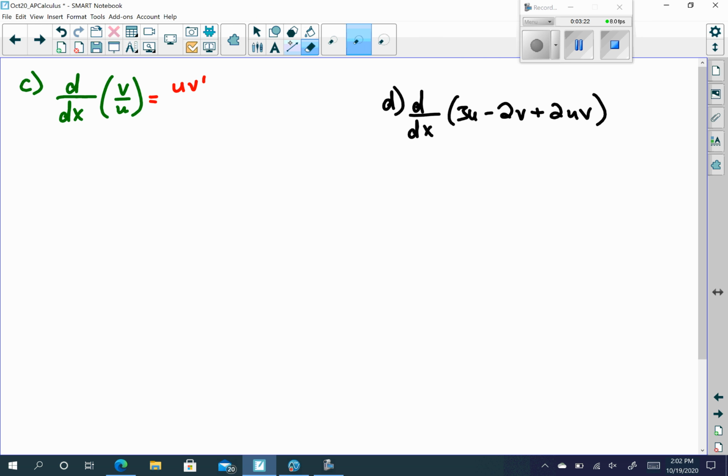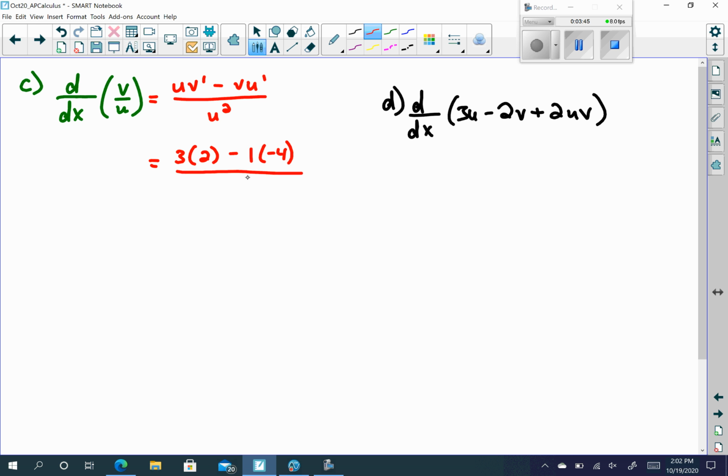Now I'm minus my high, which is v, d low, all over low low, so that'll be a u squared. So we have low d high minus high d low over low low. So here, u of 2 is 3, v prime is 2, v is 1, and u prime is negative 4. And again, u is 3 squared. So we're looking at 6 plus 4 over 9, so 10/9 for this one.